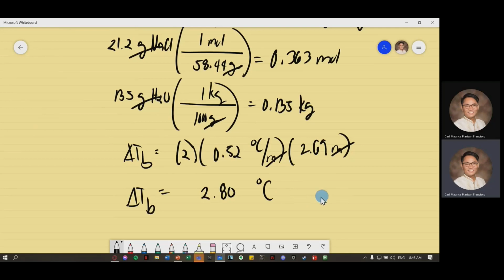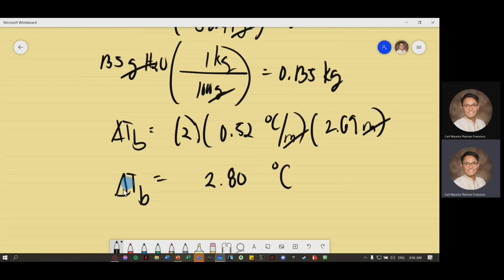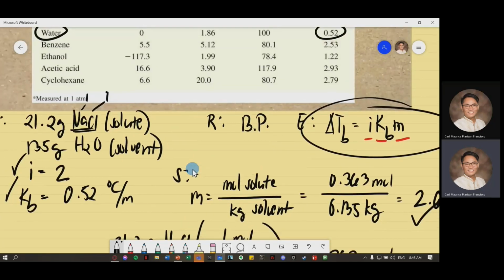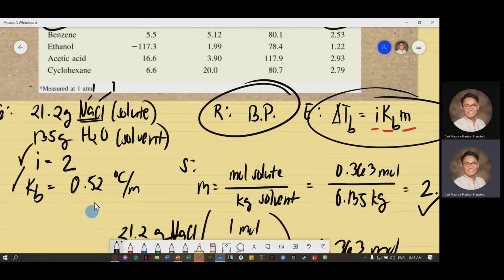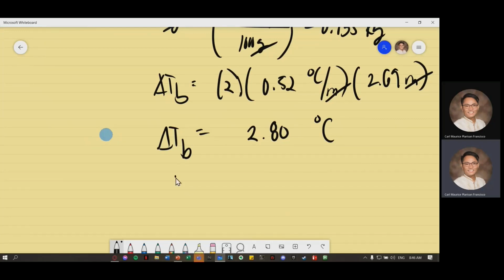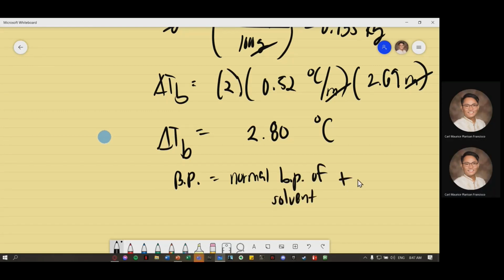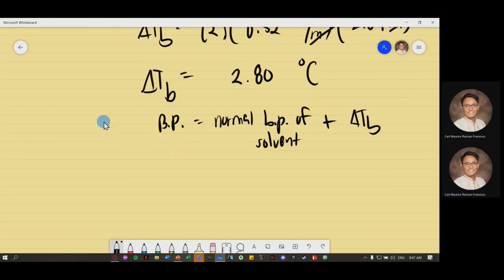And then once again, this is not yet the final answer because this is just the boiling point elevation. What we need is boiling point. So that means we need to solve further by having boiling point is equal to normal boiling point of solvent plus boiling point elevation. Okay, so the normal boiling point of the solvent.